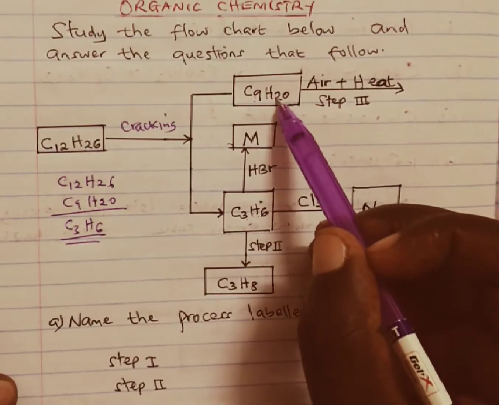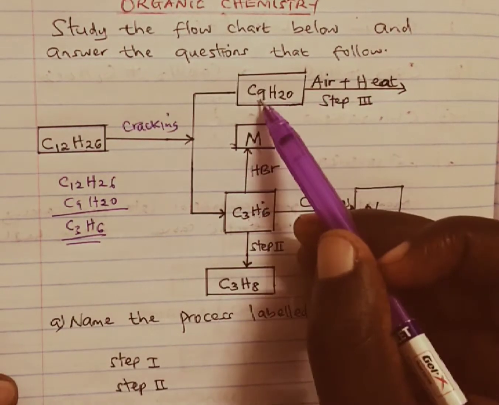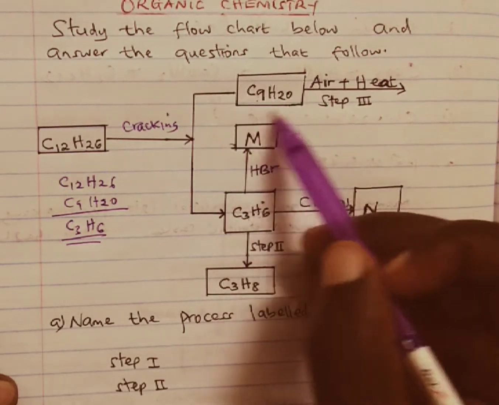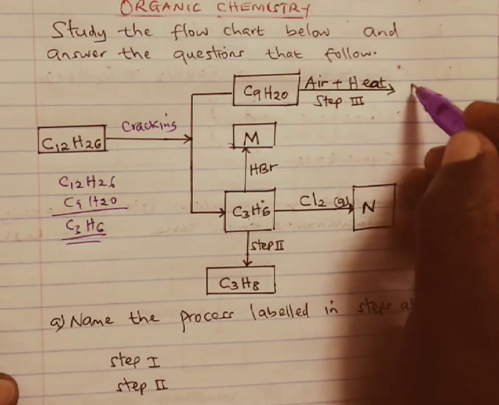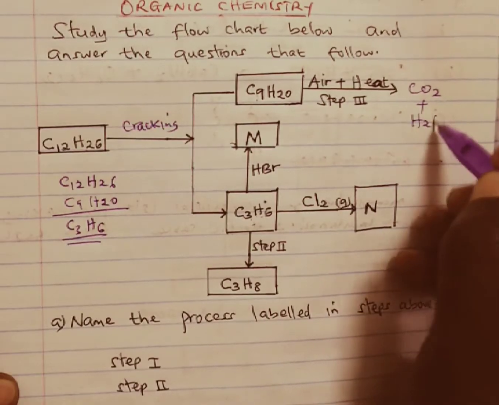Now, we have this alkane being burnt in air, and remember, anytime we are burning an alkane, or generally an organic compound, we expect only two products. That is, we expect carbon dioxide and water in this case.